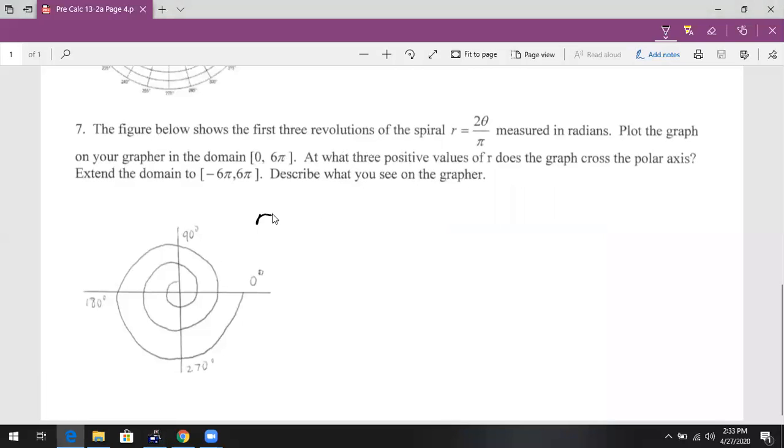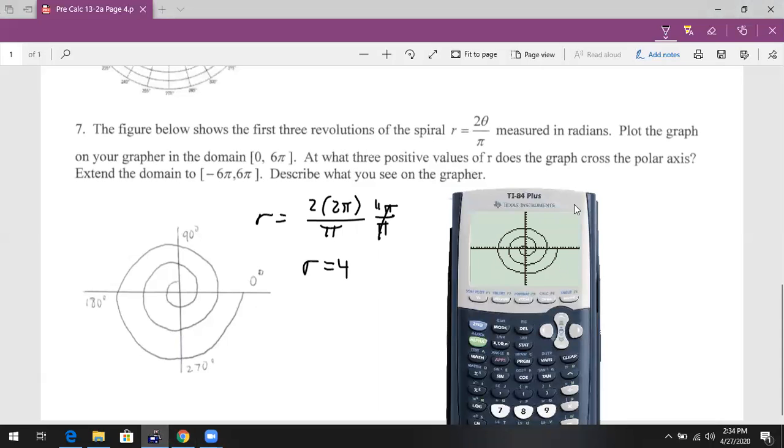So your r value is going to be 2 times theta, complete revolution, over pi. So 2 theta, that's our revolution, over pi. Or 4 pi over pi, and you see a nice cancellation here. Or basically when r is 4, you would have wrapped all the way around.